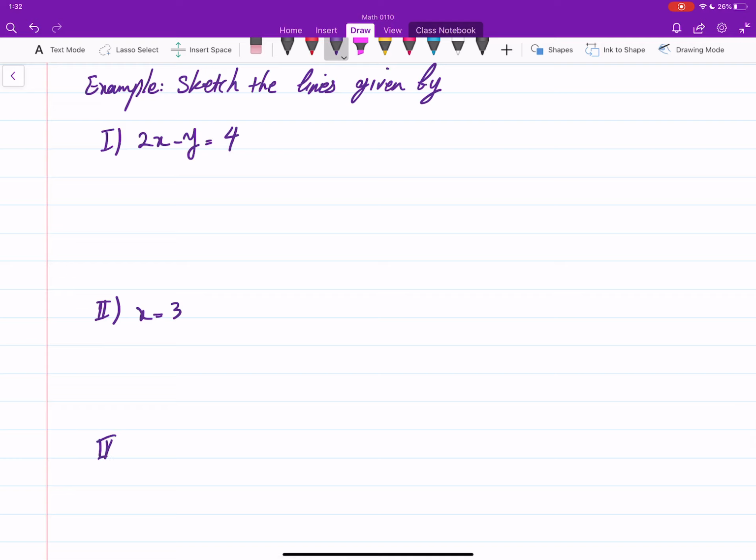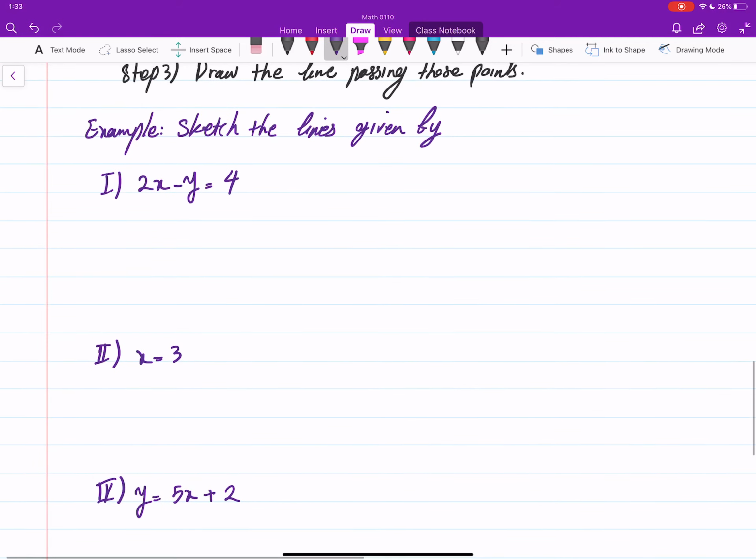And the last one is y equals 5x plus 1, or plus 2. Yeah, well, we have to find two points.